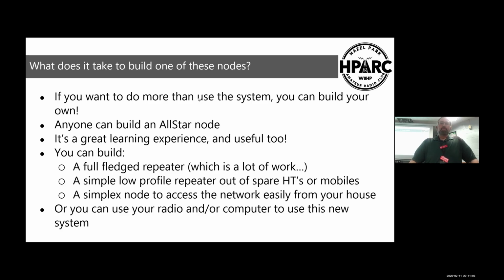So you could build your own. You could do a nice, just low power simplex node. You could do a full-fledged repeater, which I will tell you is a lot of work. We're building one so you don't have to. And yeah, hopefully it'll work pretty well. But if you start using it and you like the ability to talk almost anywhere, and you say, hey, I don't want to tie up the repeater, you could build your own hotspot and be able to talk anywhere there's an Allstar node from the comfort of your couch.